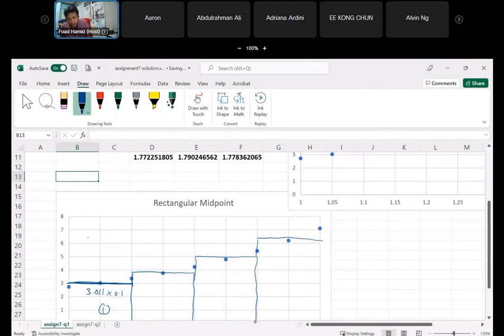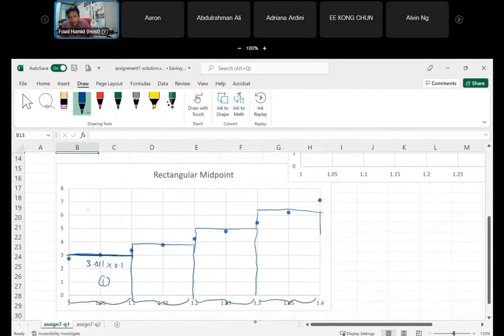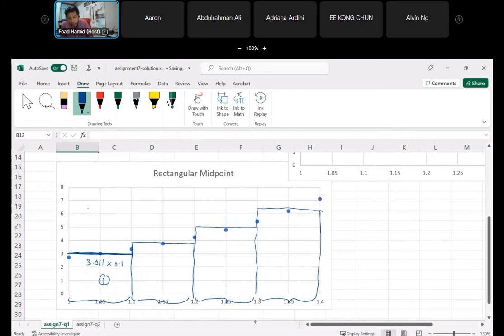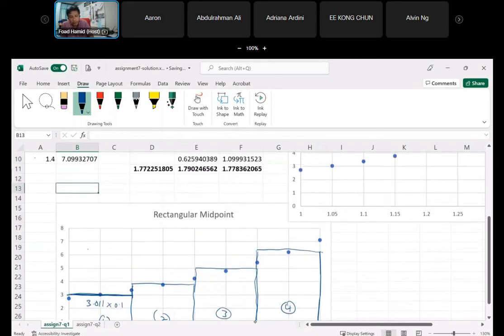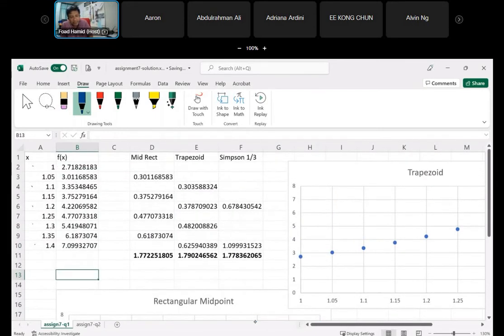So this is the idea behind the rectangular midpoint rule. This is what I get. Add up this and this and this and this, and we get the area for the whole interval from 1 to 1.4. I did that with my Excel.